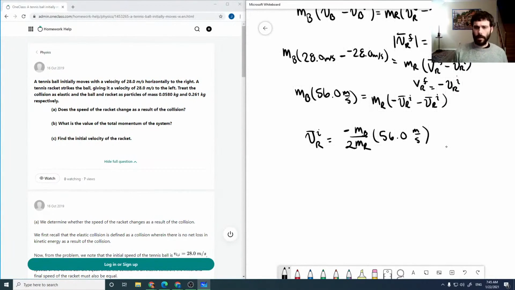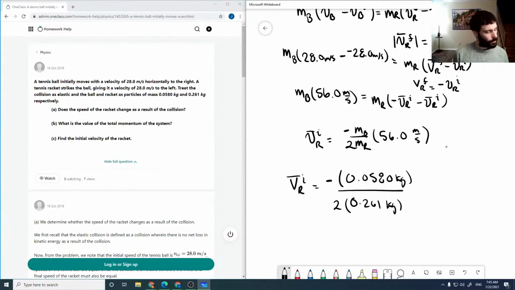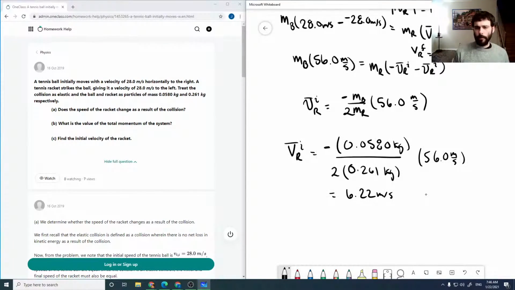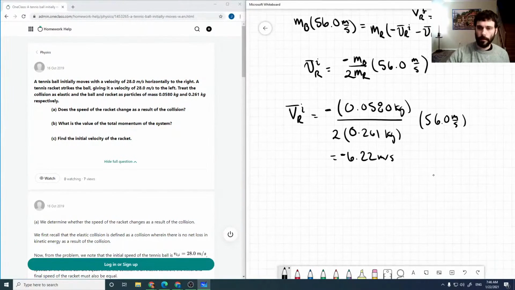Okay, and so then our racket's initial velocity is minus the mass of the ball, 0.0580 kilograms over 2 times the mass of the racket, 0.261 kilograms, times our 56.0 meters per second, which comes out to be 6.22 meters per second. So our initial velocity of our racket is minus 6.22 meters per second.